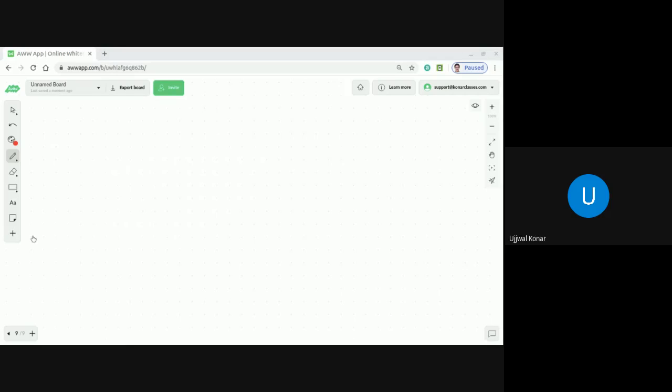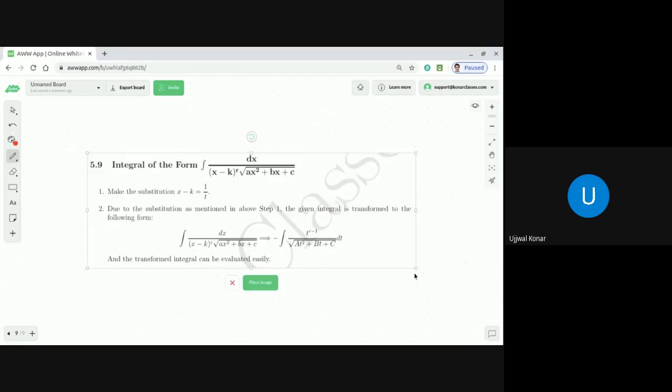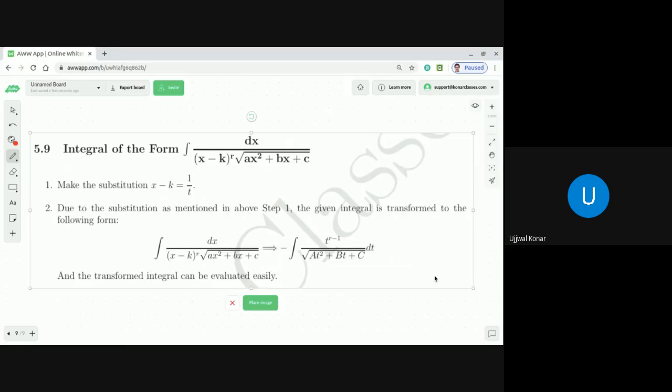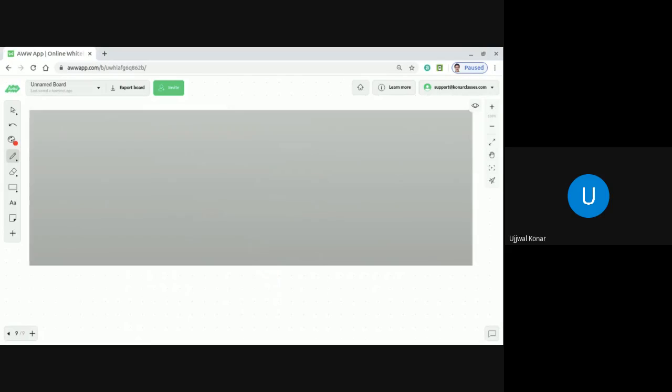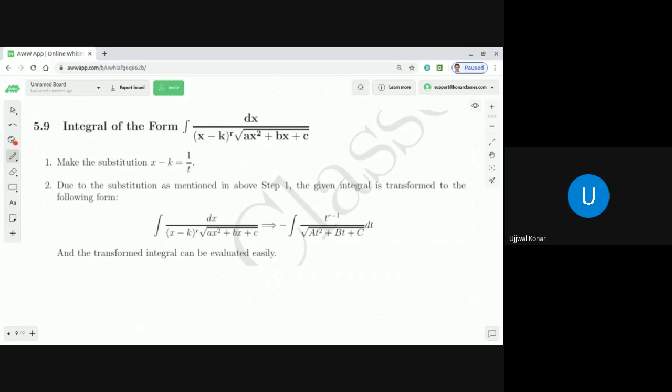The form, if you get an integration of dx by x minus k power r, what is power r? x minus k is a linear expression, and on top of power r, ultimately it becomes a polynomial expression of degree r, into square root of ax square plus bx plus c.